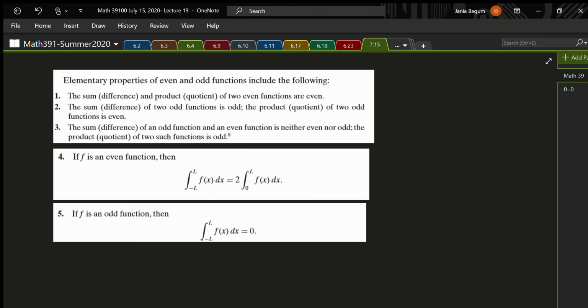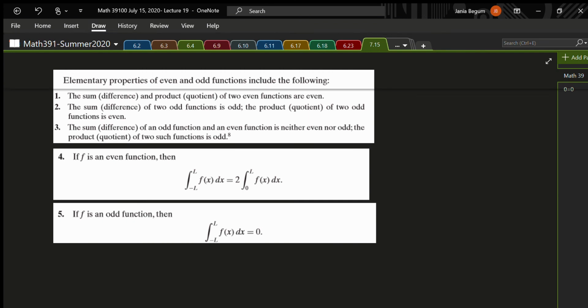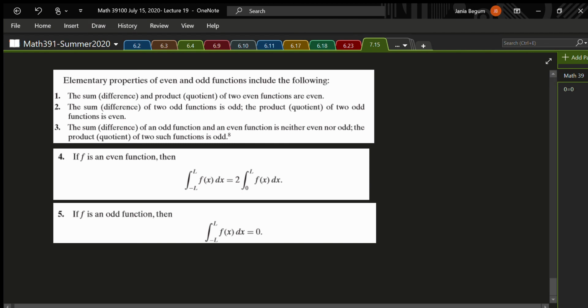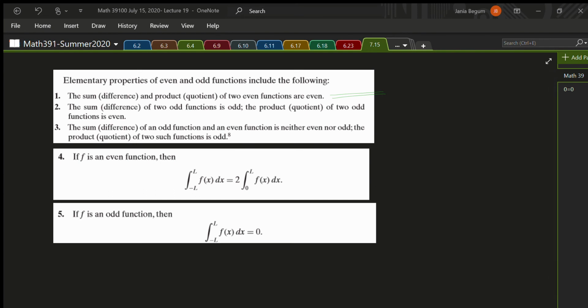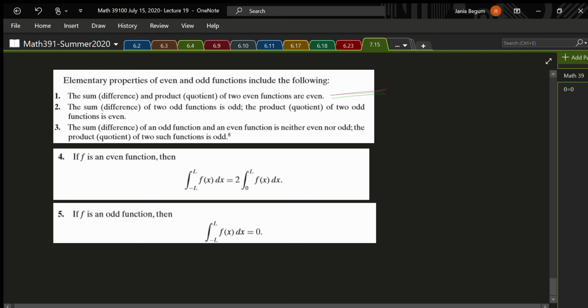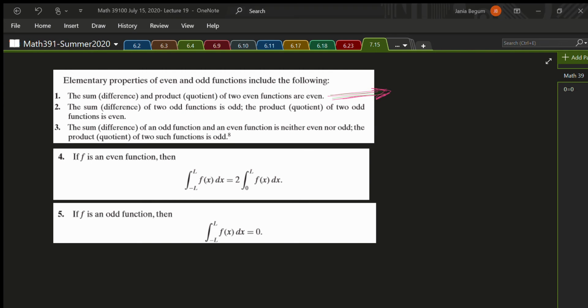So the first property says if you have a sum or difference of two even functions, the result is an even function. Do you guys agree? This is true? Yes? Is this true? So come up with an example that will help you to remember them.